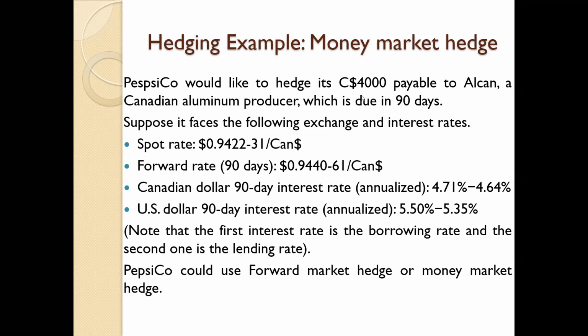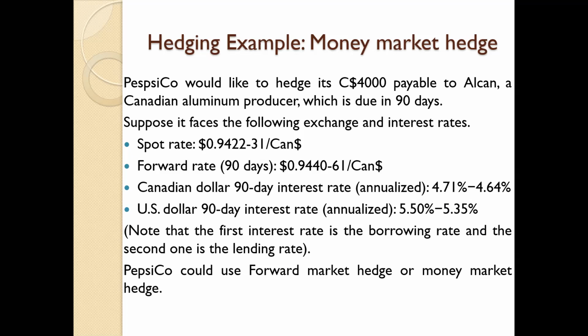Now, a trader has to pay Canadian dollar 4,000 at the end of the 3 months time period. As information, you are equipped with the spot rate, forward rate, and interest rates in the Canadian market as well as the US market. Okay, right.